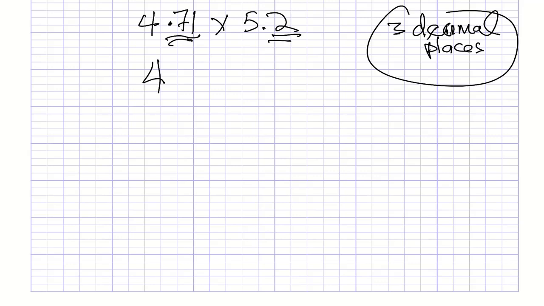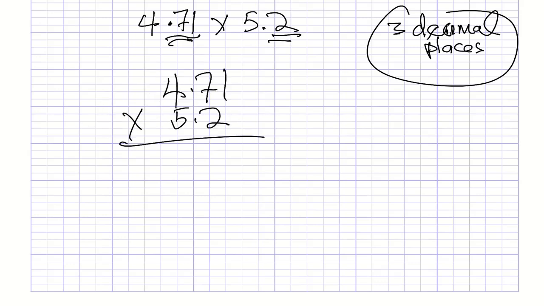That's all you need to keep your eye on. And then you line things up. 4.71 times 5.2. All right. So you line it up like that, and then you start multiplying. 2 times 1 is 2. 2 times 7 is 14. You write 4, carry 1. 2 times 4 is 8, plus 1 is 9. Okay? And then you say 5 times 1 is 5.